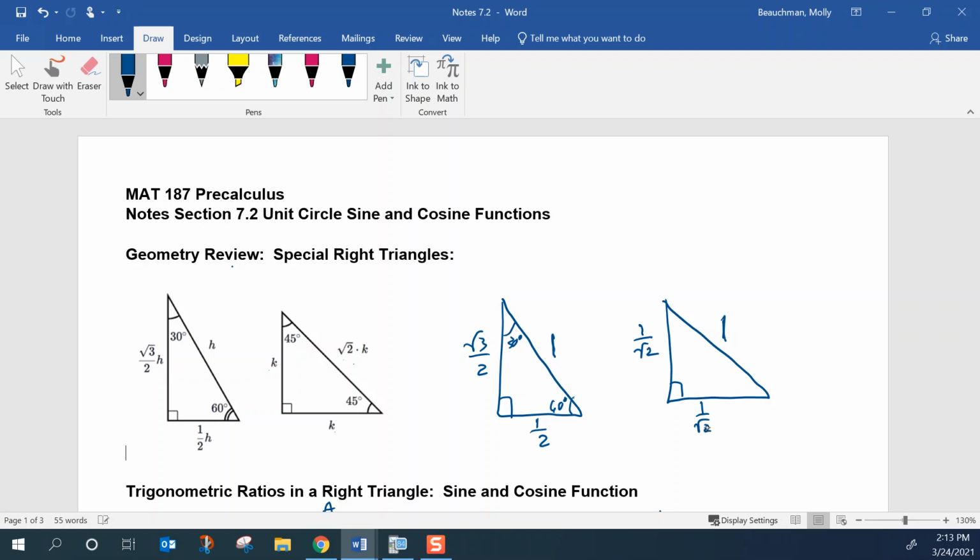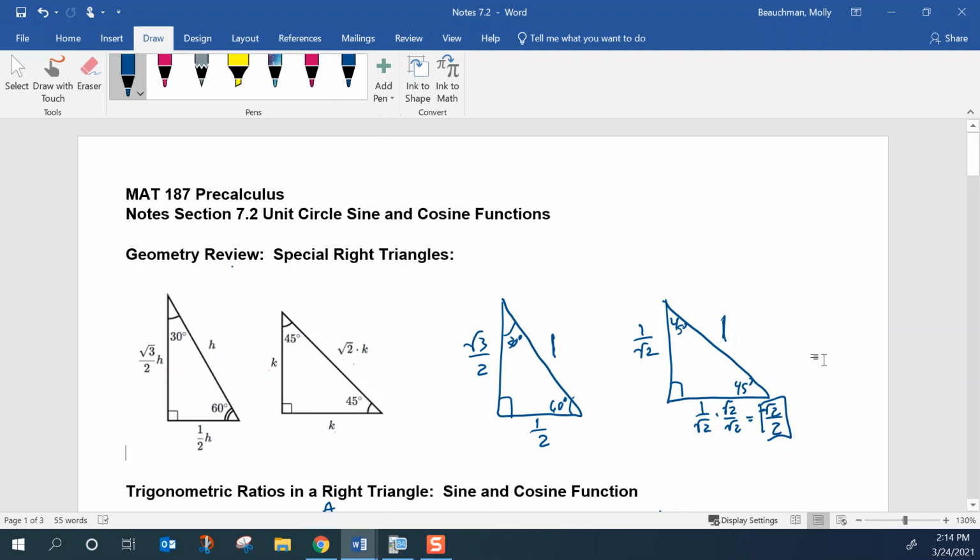Now we need to rationalize the denominator. So 1 over the square root of 2 multiplied by the square root of 2 over the square root of 2, and we get the square root of 2 over 2. So in a 45, 45, 90 triangle, if the hypotenuse is 1, then the two sides have length square root of 2 over 2. So that's the first idea.